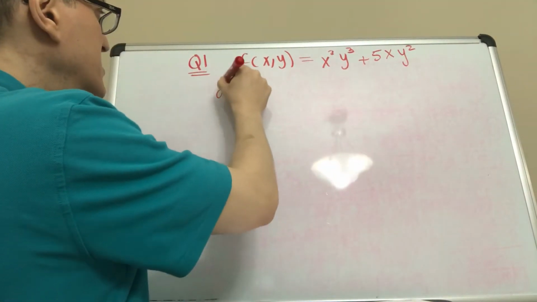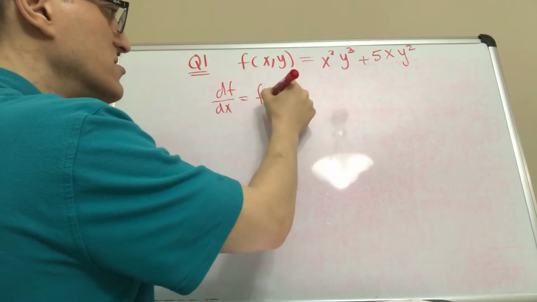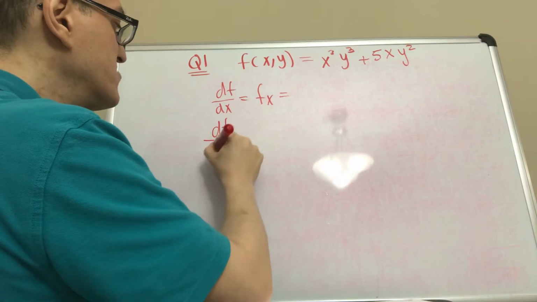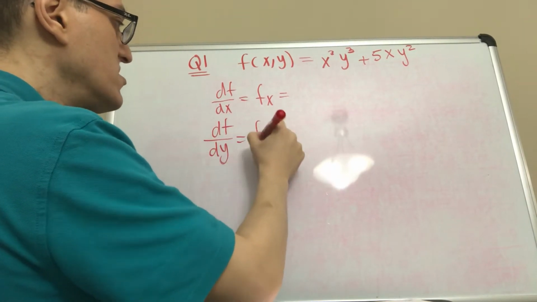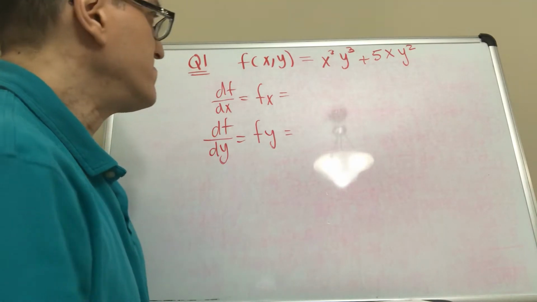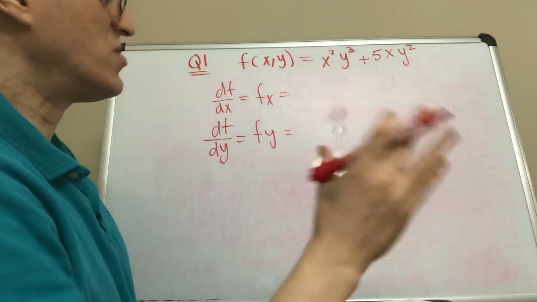You're asked to find the derivative with respect to x, they also call it fx, and the derivative with respect to y, they also call it fy. So if you do the derivative for this with respect to x, you treat y as a constant.